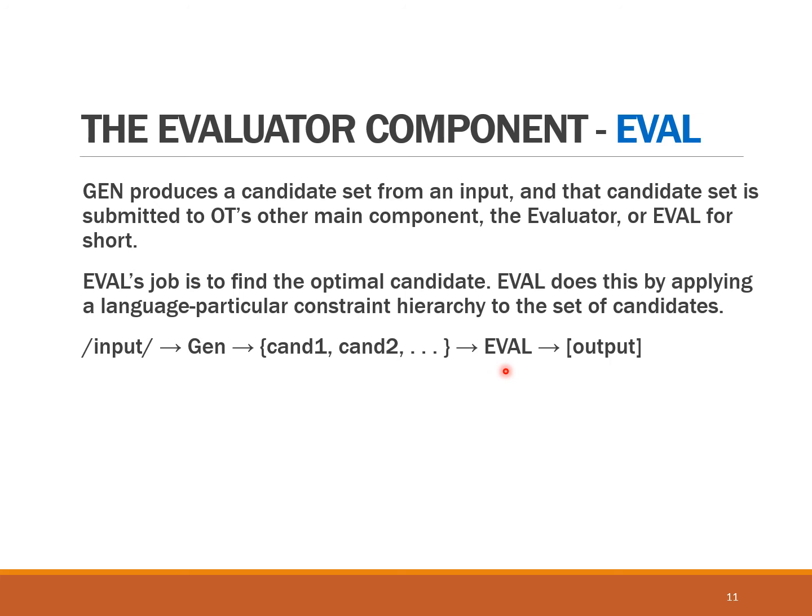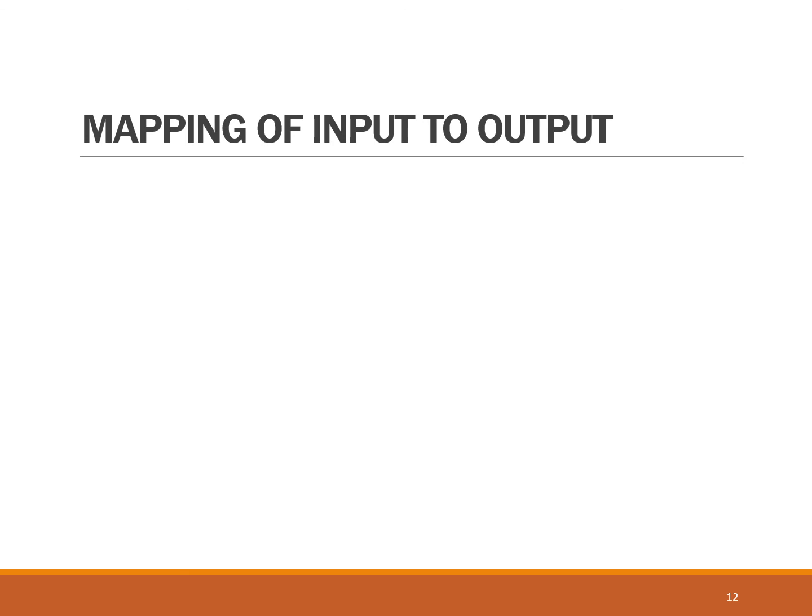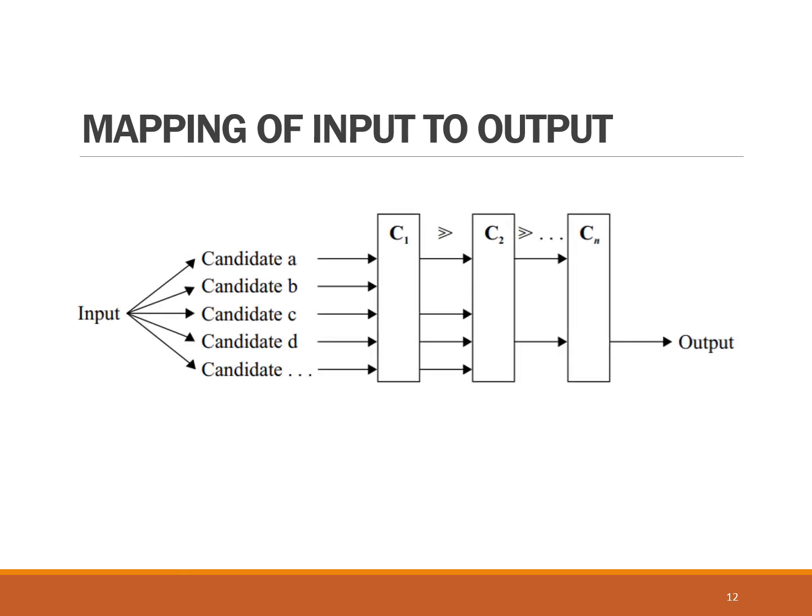At the end of the evaluation, the output is generated, and the output is represented within square brackets because it resembles the surface structure. The above flowchart corresponds somewhat to the input to output derivation through the application of an ordered set of rules in the generative framework. So this is the mapping of input to output.